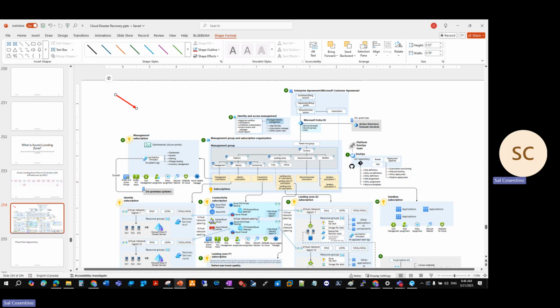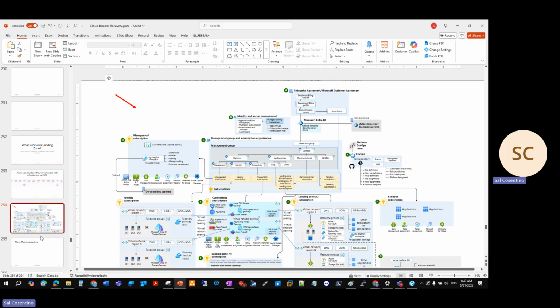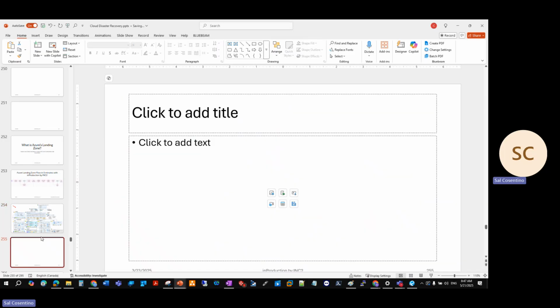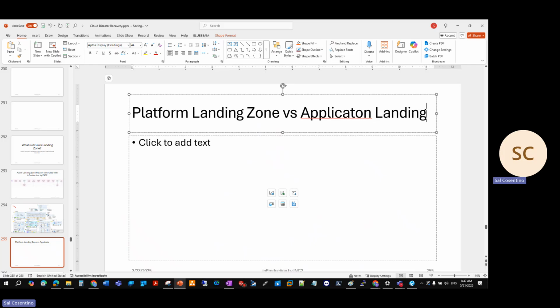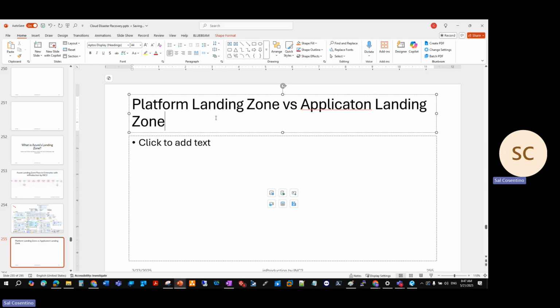So when we talk about, let me make another deck here for you guys. When we talk about platform landing zone versus application landing zone, it's worth explaining the function of what it does in more detail.